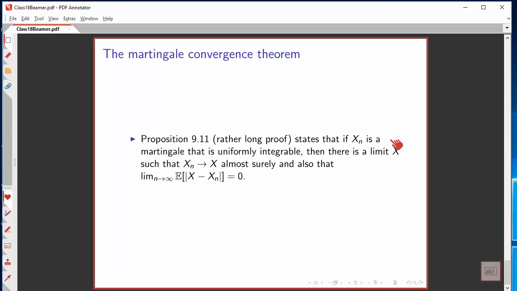What the martingale convergence theorem says is that if we have a martingale that's uniformly integrable, then that martingale converges almost surely to some limit x, and furthermore, that the limit of the expectation of the absolute value of the difference between the limit x and the nth random variable in the sequence is equal to 0. Nice to know this theorem exists, but don't worry about it any further.